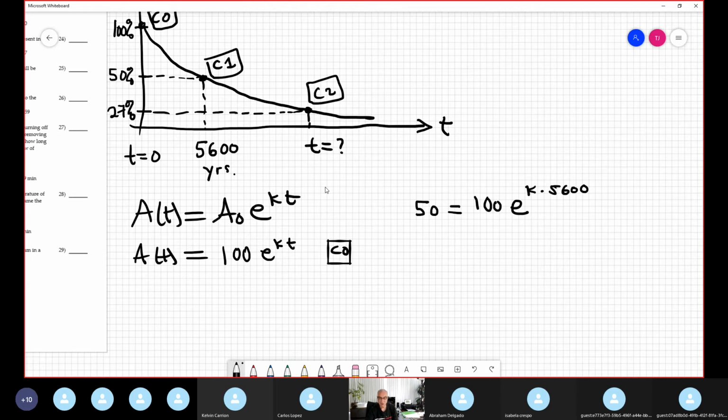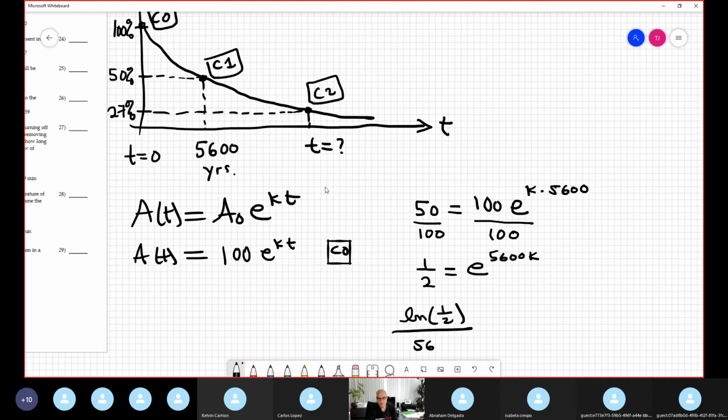Okay, divided by 100 both sides. Again, happen in that problem, get 1/2 here always. You see that? E to the something, to the 5600 k. Apply logarithm both sides, ln of 1/2 divided by 5600 is k. Okay, I finished the condition 1 to allow me find k always.